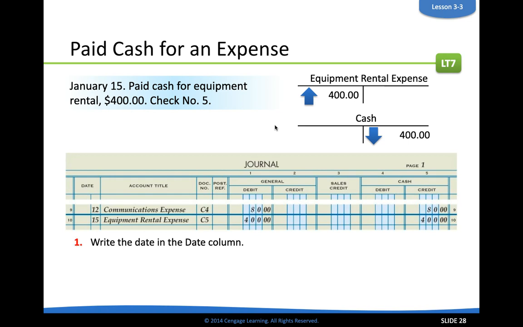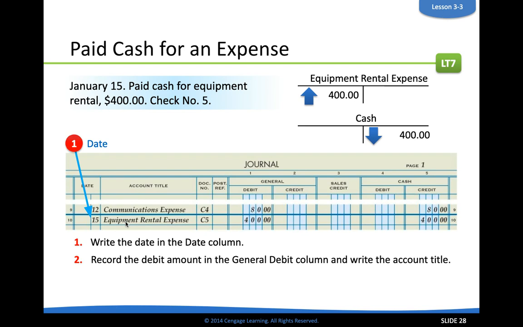Step 1, write the date. We're going to write 15 there. So that was our previous transaction there. So we're just kind of continuing down here. Record our debits. Well, our debit is going to come from equipment rental expense, which is an account listed on our chart of accounts. We'll record the debit here for $400.